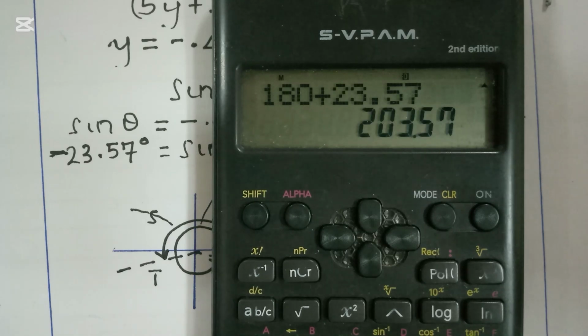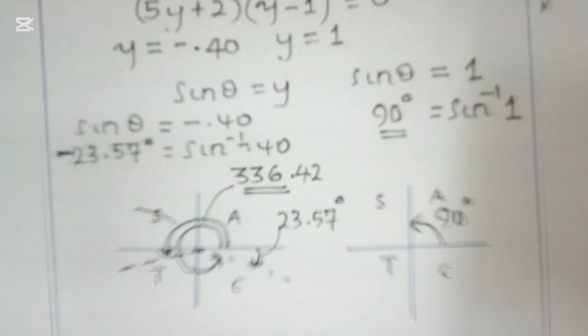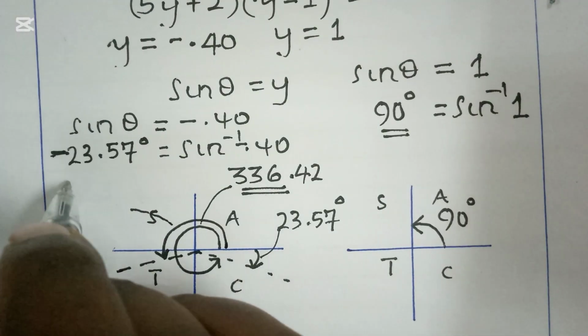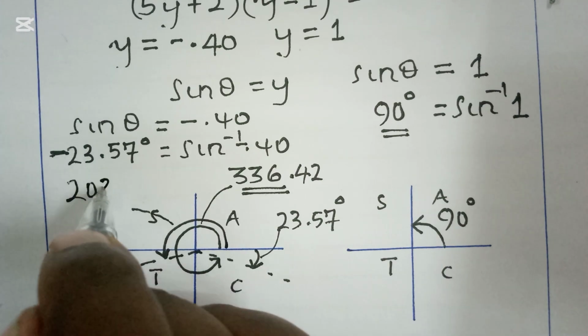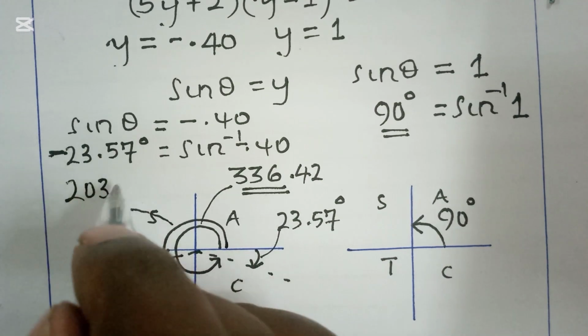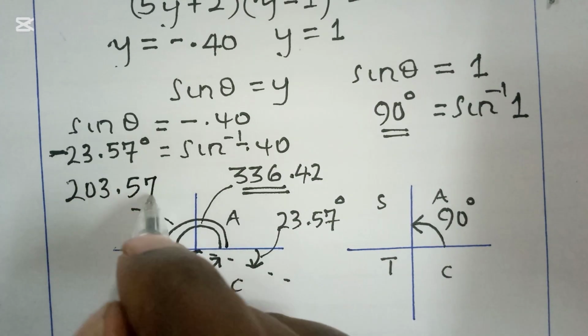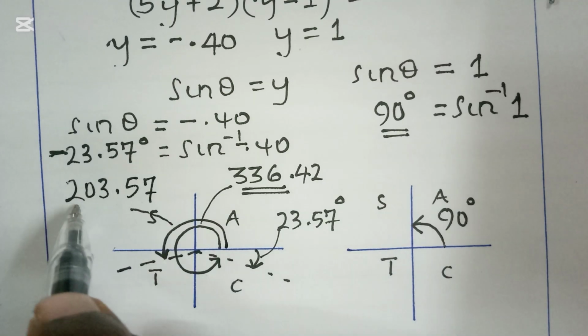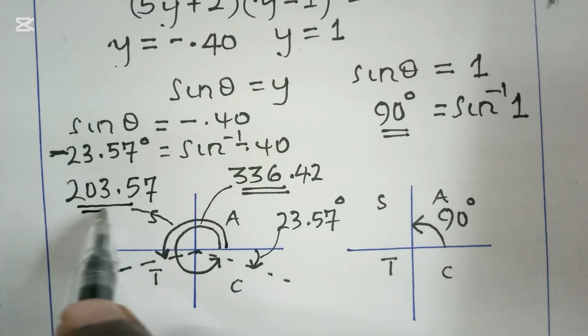This gives us 203.57. So guys, we still have 203.57 as yet another angle for us.